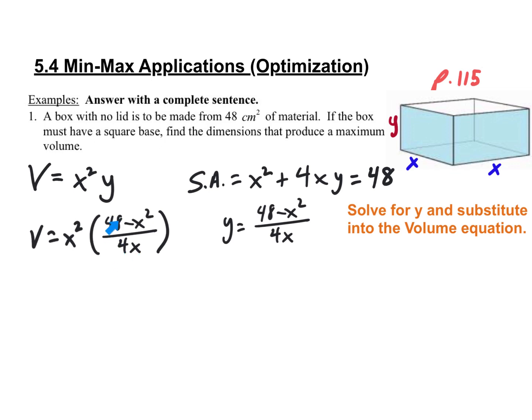So this, you can think of this as 48 over 4x, which is 12 over x. And then over here it is minus x over 4. And then I also have to multiply it by x squared. So 12 over x times x squared is just 12x. Over here, I'm going to have an x cubed over 4, or 1/4 x cubed.